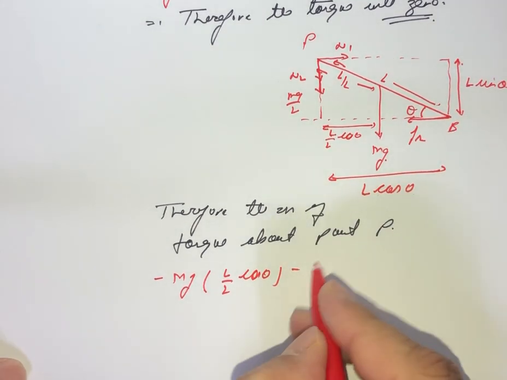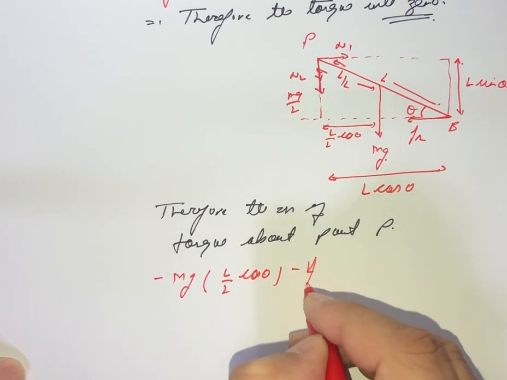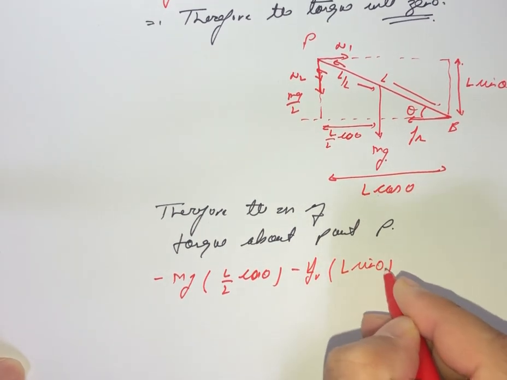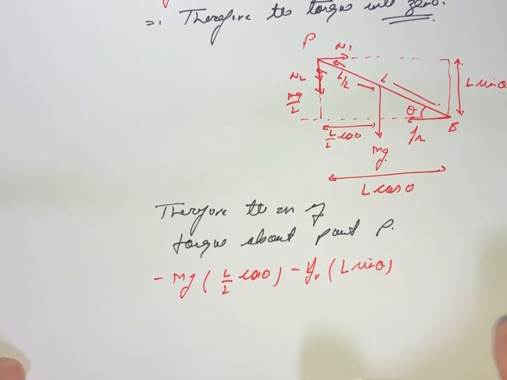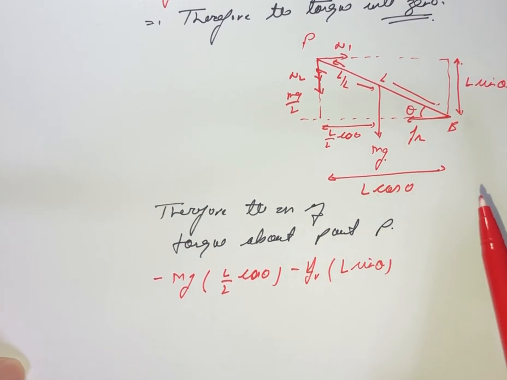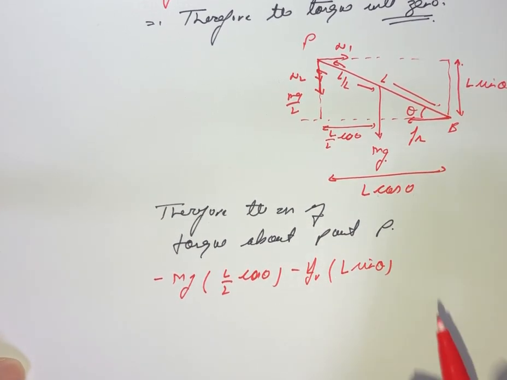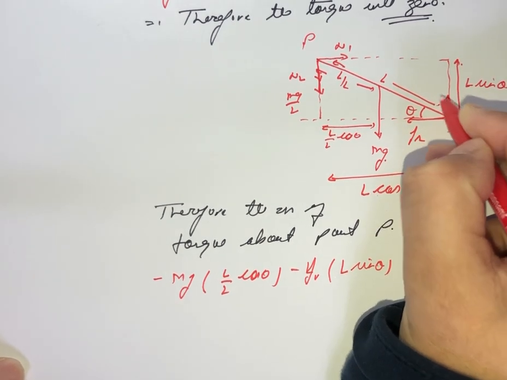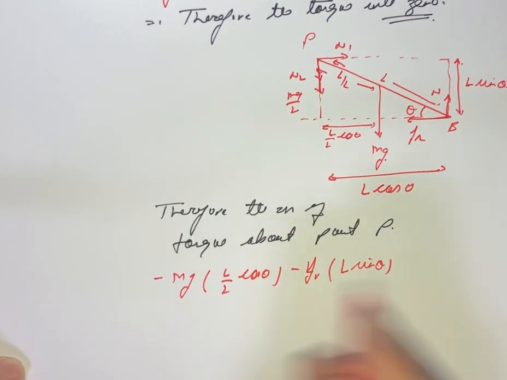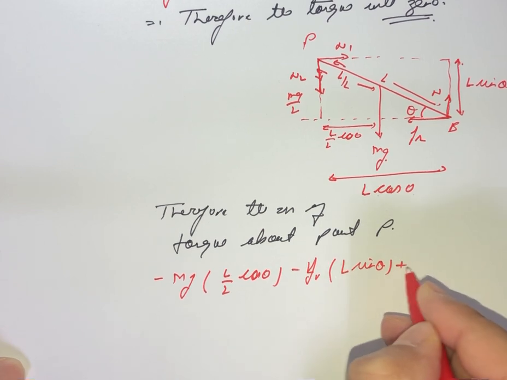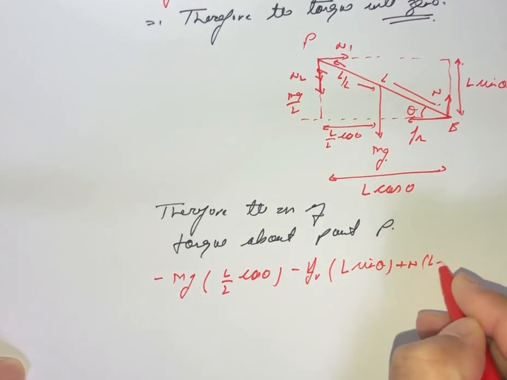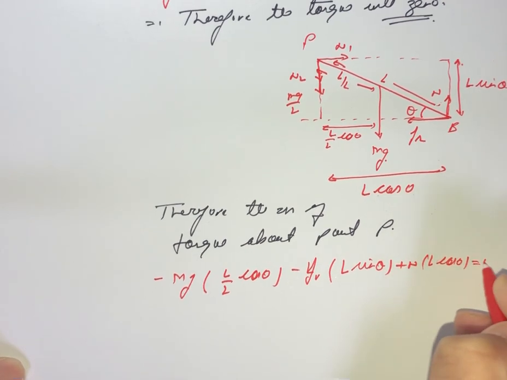So we get minus Fr multiplied by L sine of theta, and there will be normal which will be acting in upward direction here. So we get this as plus n, and which is a distance of L cos theta is equal to 0.